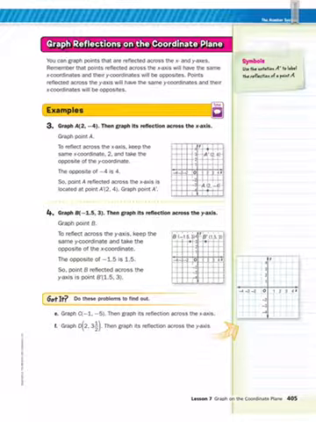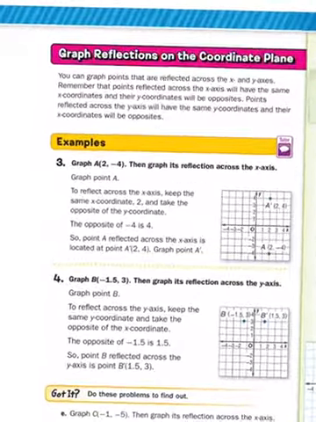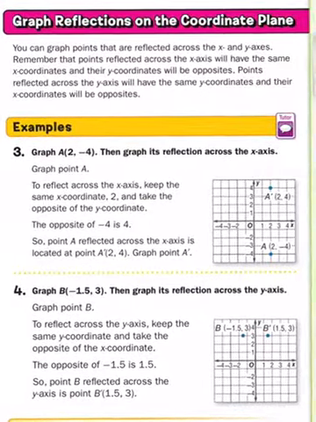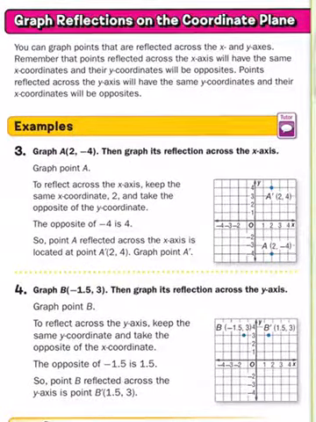So in example 3, it says graph A at 2, -4, then graph its reflection across the x-axis. So let me show you this one here. First off, look at how they graphed A. 2, -4. So they went over the 2, down to the -4, and that's A. Now then it says graph its reflection across the x-axis.